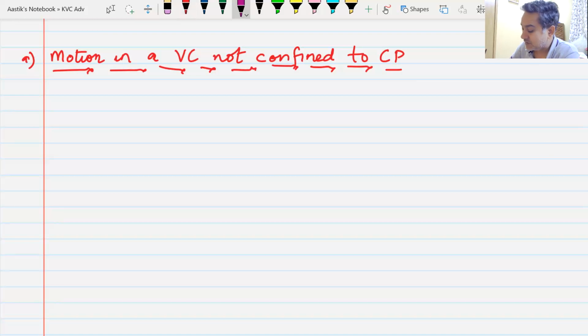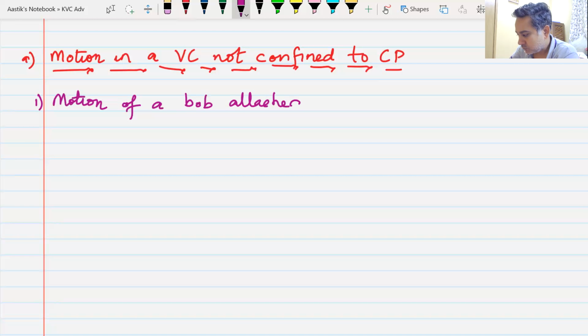And in this, the first type of circular motion is motion of a bob attached to a string. Exactly the same motion that we had studied just now.